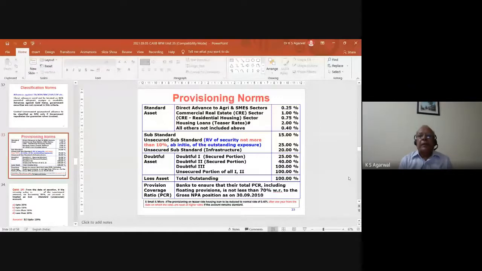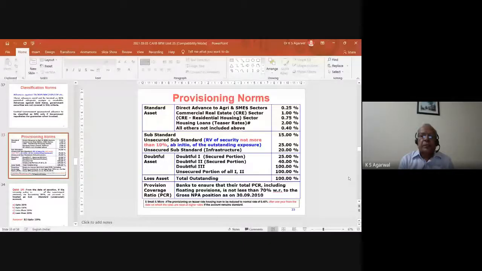Somewhere I am having 15% provision, 20%, 40%, 100%. I am having different provisions. I will add up the total provisions against my NPAs. So total provisions against gross NPAs divided by gross NPAs in percentage terms is my provision coverage ratio. And this should not be less than 70%, the Reserve Bank says.